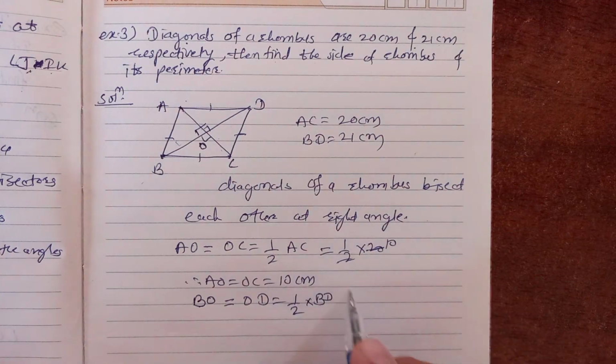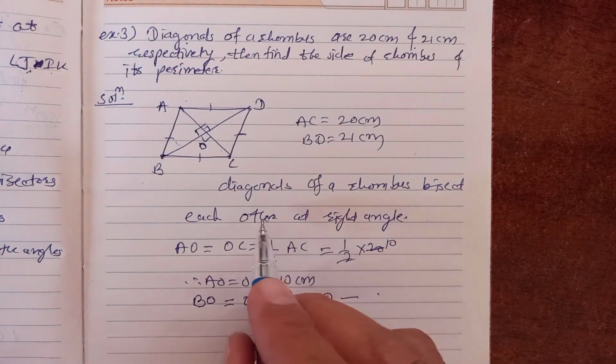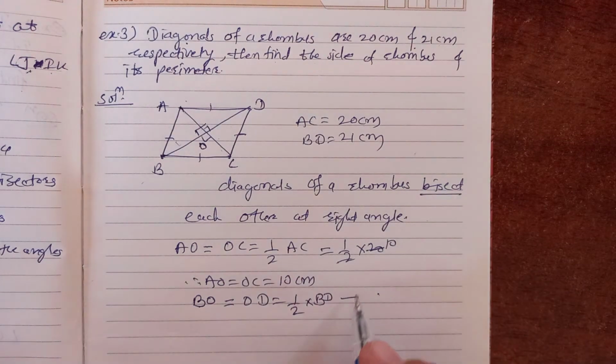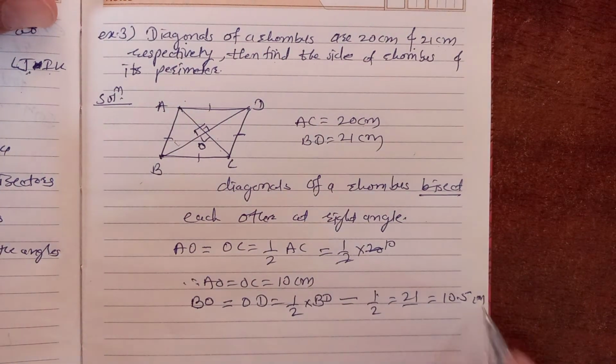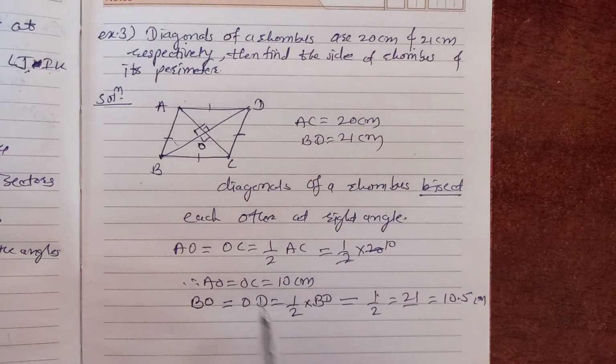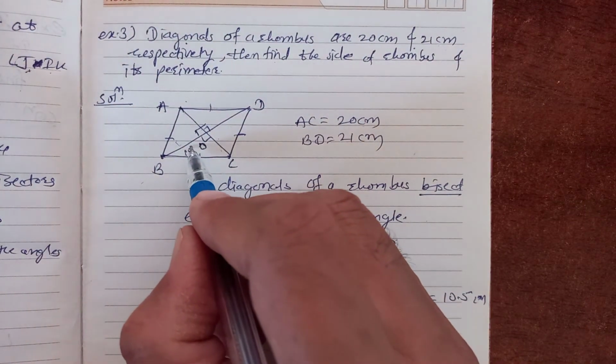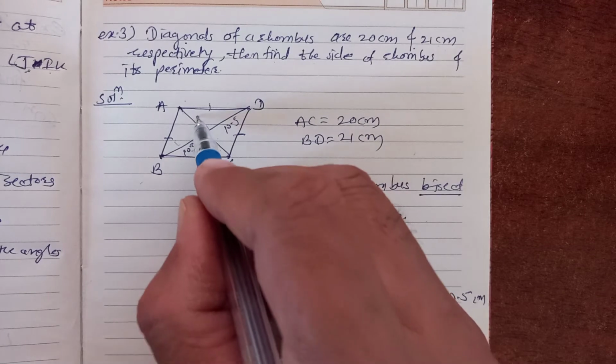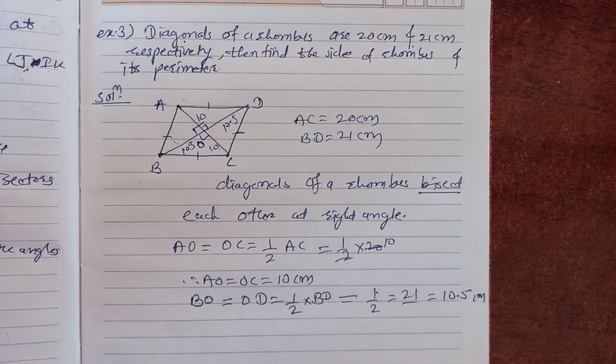For both the reason is that diagonals bisect, which we already wrote. So 1/2 of 21 is 10.5 centimeter. So we found it. This is 10.5, this is 10.5, this one is 10, this one is 10.